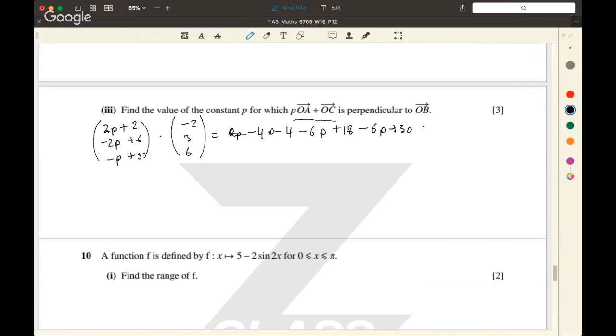And we're saying that these two things are perpendicular, so this must be equal to 0, because the cosine of 90 degrees is 0, so the dot product must vanish. So this gives us that p is equal to 2.75.